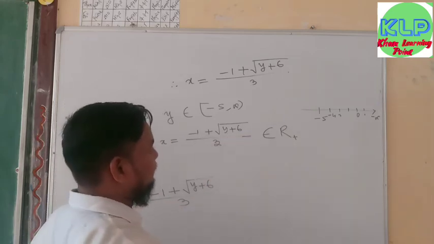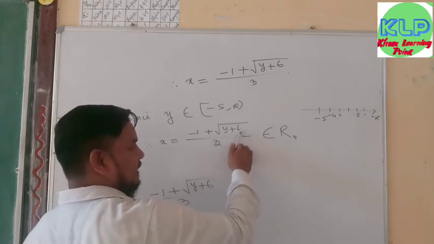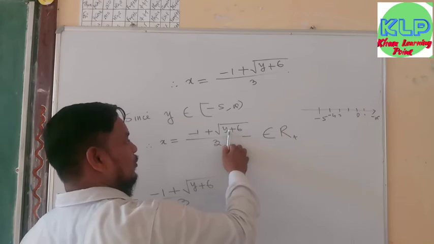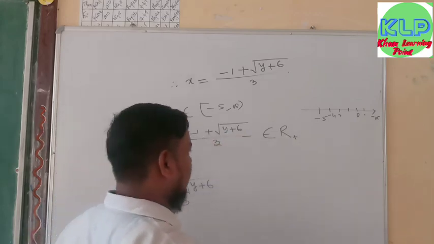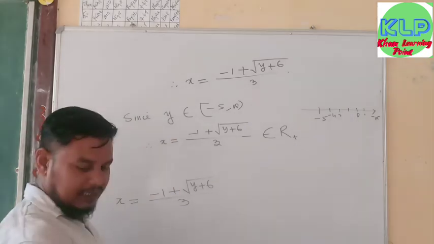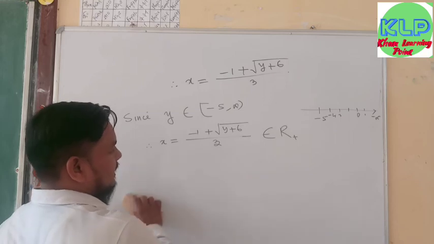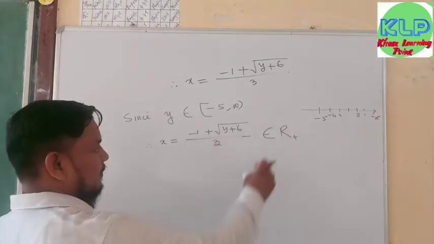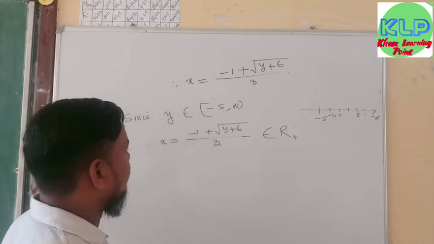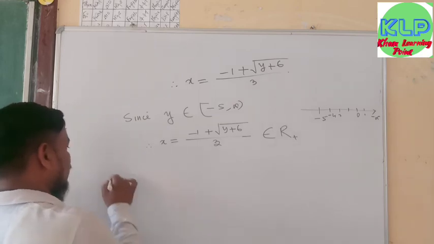If we consider minus 4 plus 6, that is 2, root over 2 minus 1 divided by 3, it is a positive real number, that is a non-negative real number. So for every y belonging to minus 5 to infinity, there exists x belonging to R positive so that y is equal to f of x, hence f is onto.